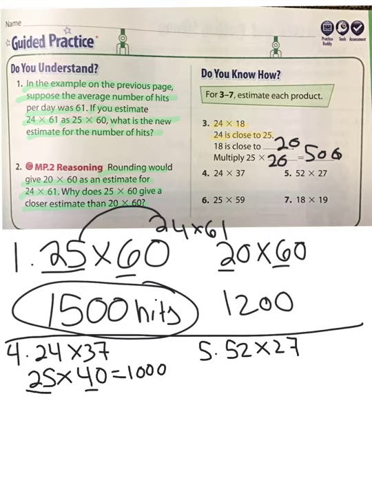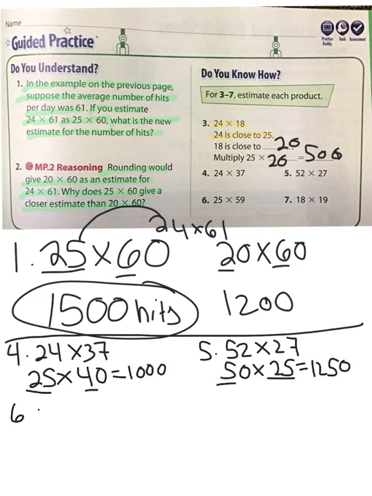Well, 52 is going to round to 50, and 27 is one of those numbers that's closer to 25 than 30. So we're going to multiply that by 25, and I'm going to do 25 times 5. So if I count by 25s, I have 25, 50, 75, 100, 125, and then add my 0.